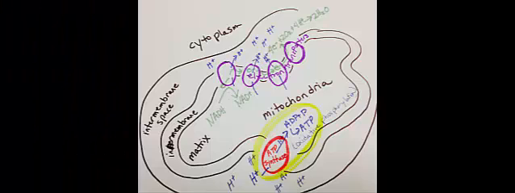Here's the really cool part of this process. All of those electrons that we've been loading onto NADH and FADH2, we're taking over and we're dumping them off in this series of proteins on the inner membrane of the mitochondria. These proteins are called the electron transporters.